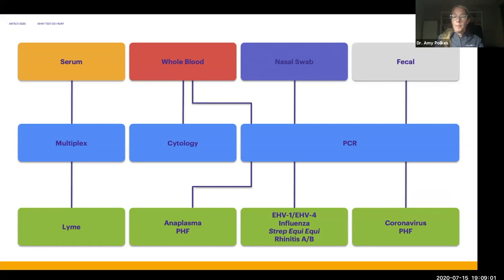And fecal would be the corona or the Potomac horse fever. Again, this is why when we are doing our fever of unknown origin panel, we do require many different sample types. The only thing that's not included in ours, because it's a PCR, is the serum, which would have to be done separately for the multiplex.